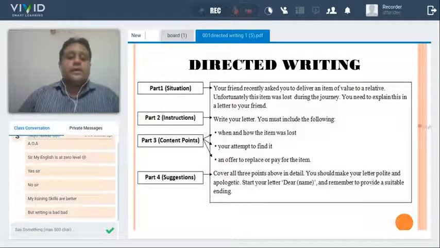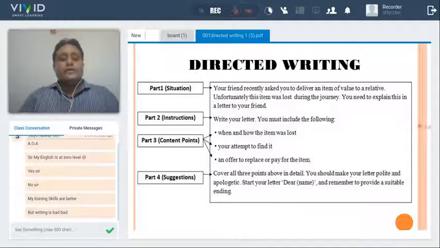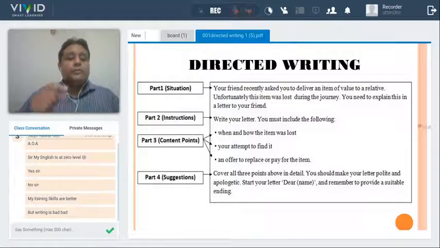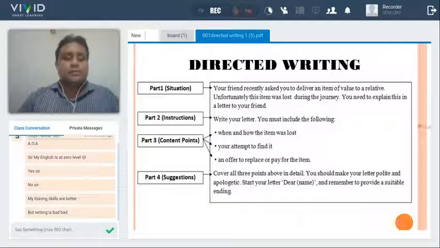It is also very important to understand that in the writing paper, the directed writing question is the only question that also involves some reading marks allocation. You will be marked against your reading skill as well in your writing paper.